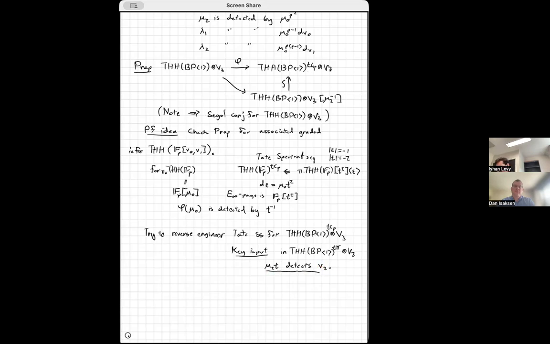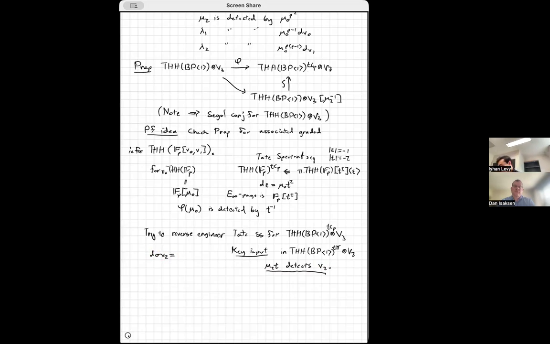So there's this key fact, and what this key input tells you is that there's a differential in the Tate spectral sequence where the differential on sigma V2. So sigma V2 is the class that was trying to be the null homotopy of V2. And so its differential in the spectral sequence should be V2. It should be trying to hit V2.